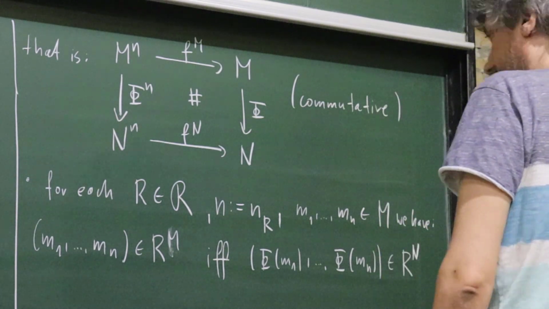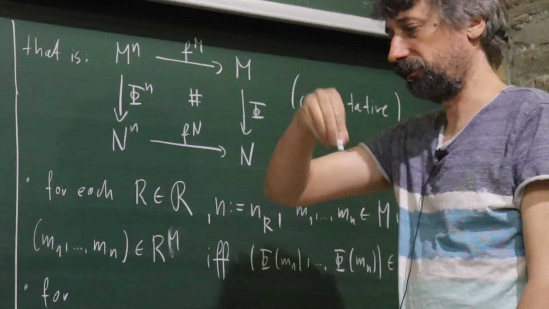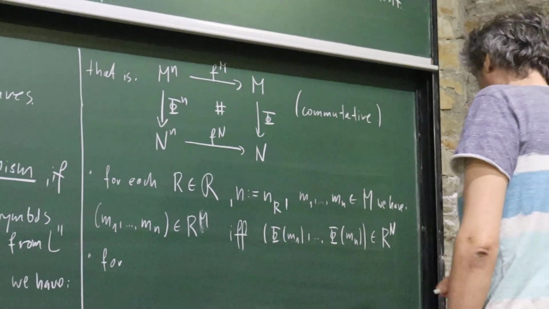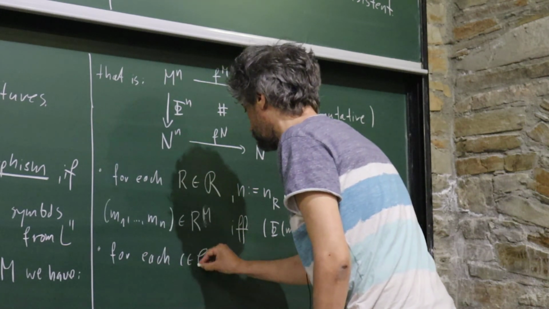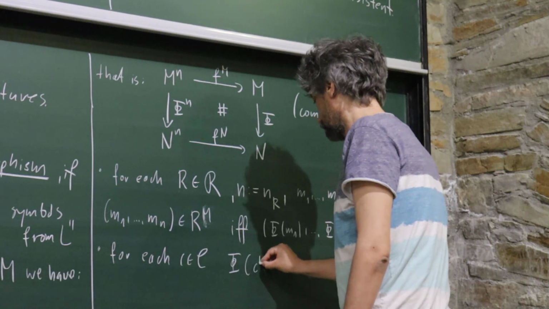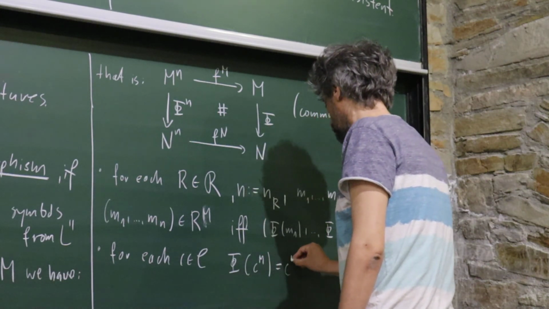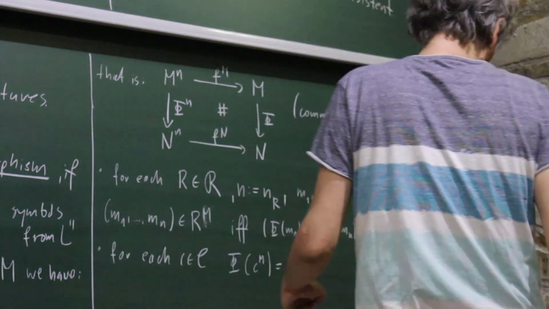And for constants, the obvious thing, like 0 goes to 0, 1 goes to 1, properly interpreted. Okay, so this is it.